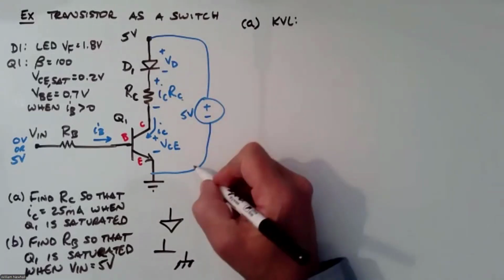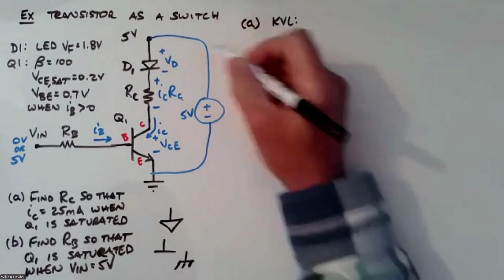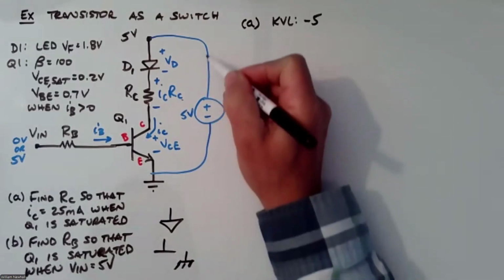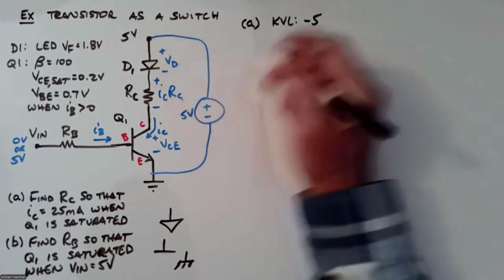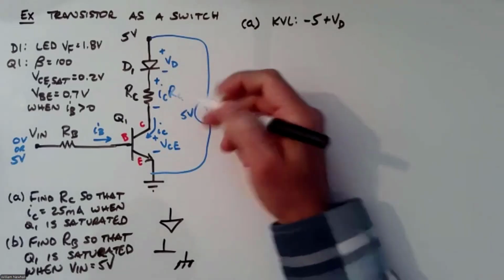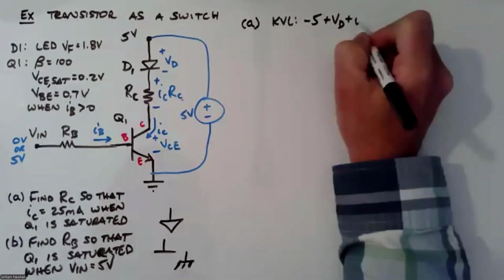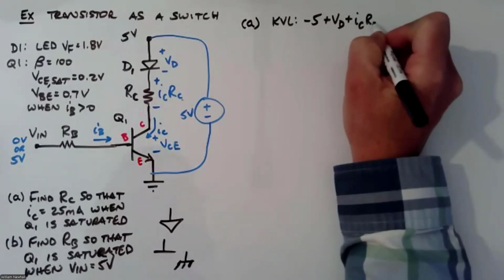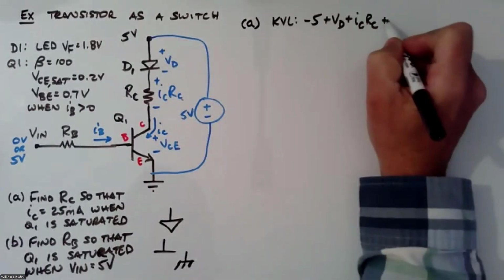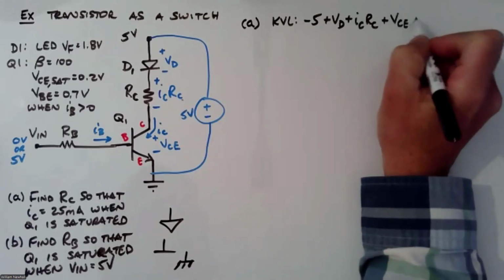Let's start here and go around counterclockwise. No reason, I just felt like doing that. So that would be -5 plus VD plus ICRC plus VCE equals 0.